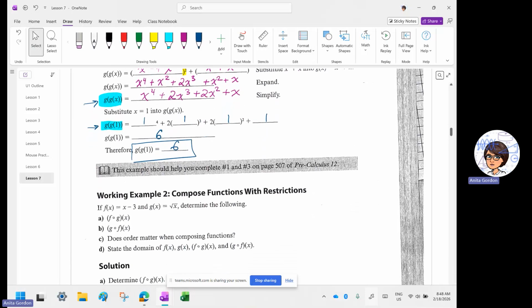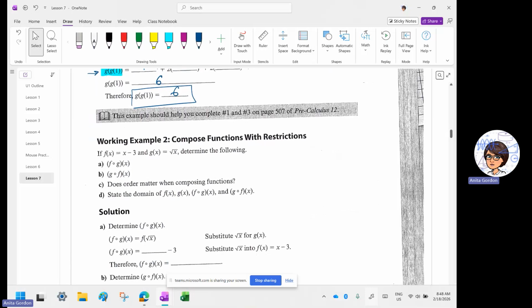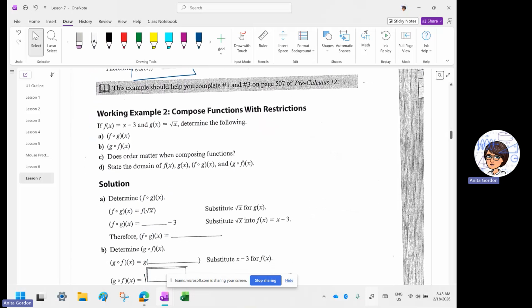We could also work with composition and restrictions. Yesterday we did inverse functions and we looked at how not all inverses give us one-to-one functions or relations that pass the vertical line test. So we had to impose restrictions.